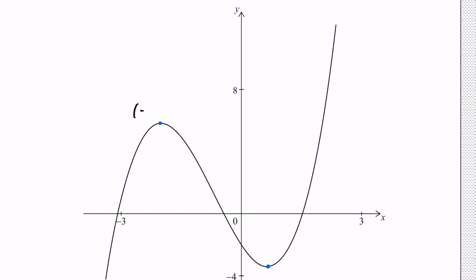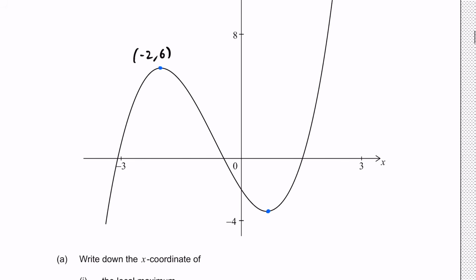So there's this point right here at -2, 6, and then there's this point right here, which we can write as 2/3 or 0.6667 and -3.48. Okay.